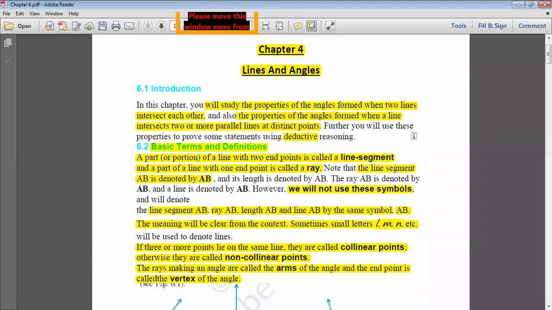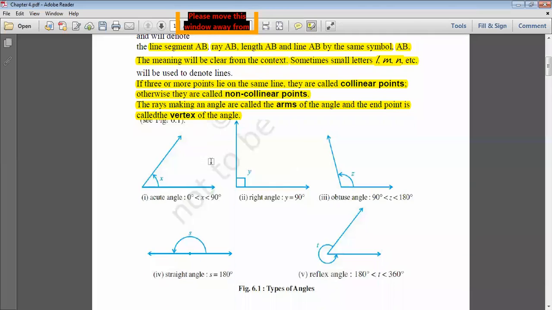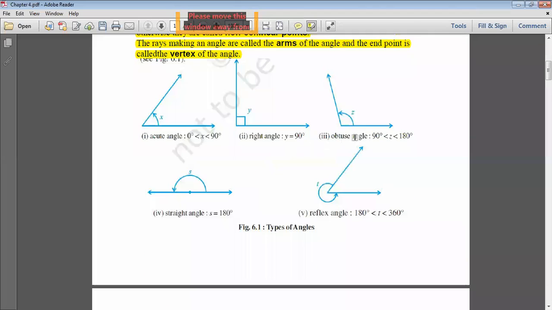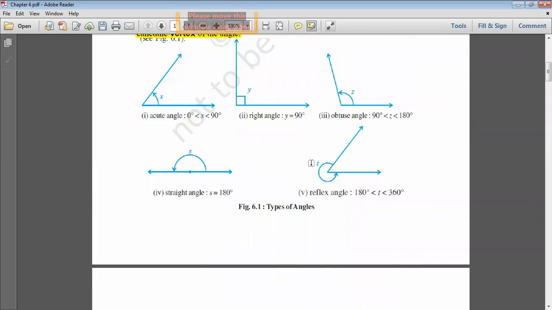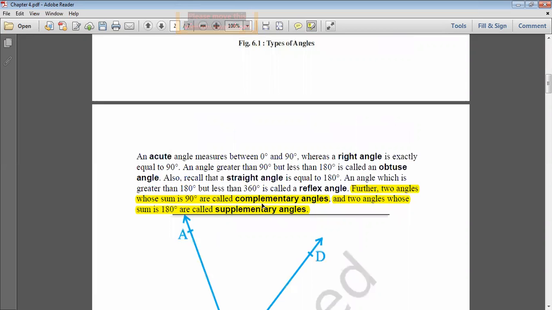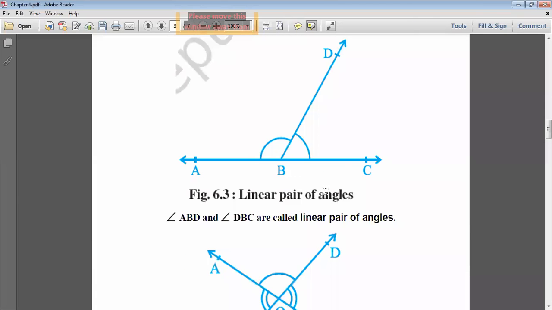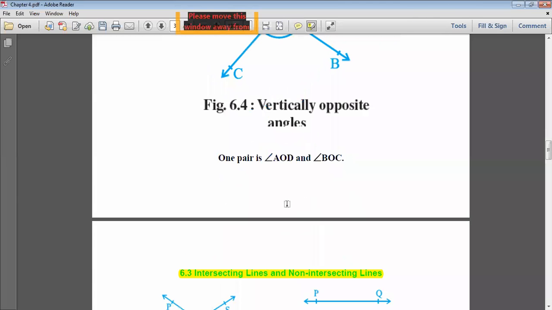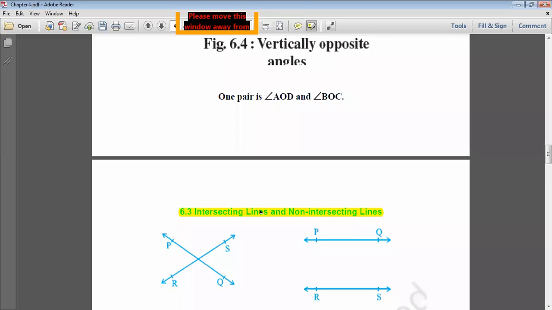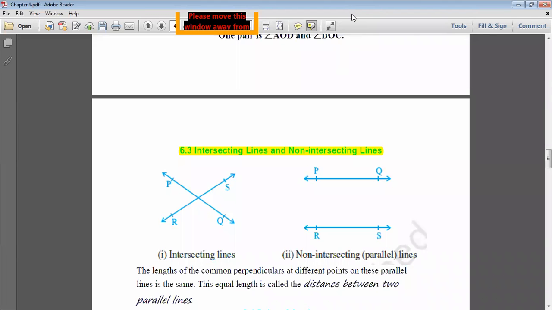Today we have seen line segment, ray and its notation, collinear points, non-collinear points, arms, vertex, and the different types of angles: acute angle, right angle, obtuse angle, straight angle, reflex angle. Then complementary angles, supplementary angles, adjacent angles, linear pair of angles, vertically opposite angles, and intersecting lines and non-intersecting lines.